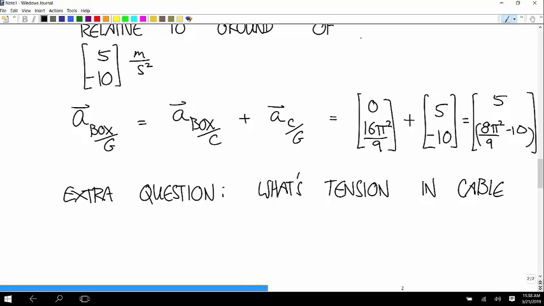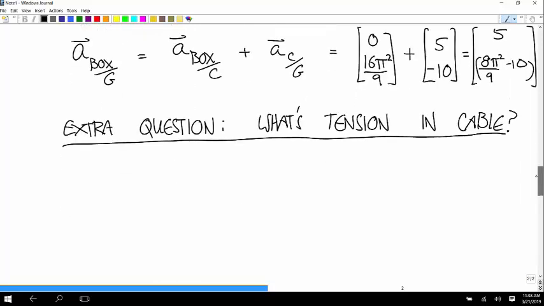Okay, so what this question asked was just what's the net force, but now we're going to break up that net force into its individual pieces and calculate one of those individual pieces. Okay, so for this, we need to draw a free body diagram of the box. And we're still doing it from above with the same coordinate system we've been doing.